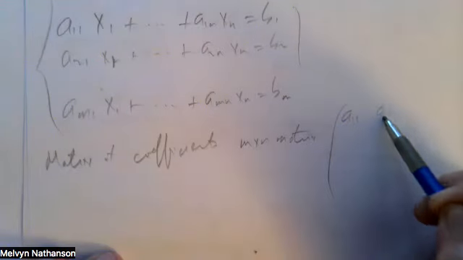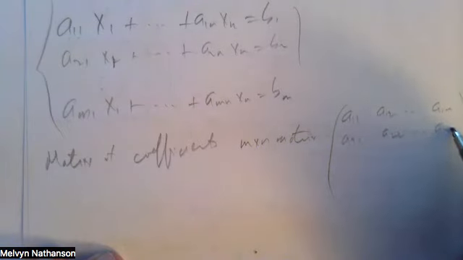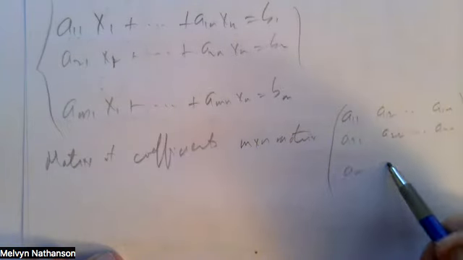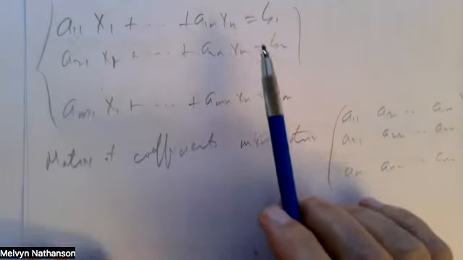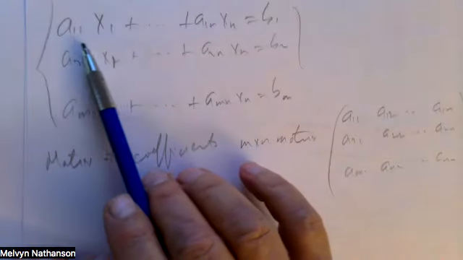So A11, A12 up to A1n, A21, A22 up to A2n, AM1, AM2 up to AMN. So it's like you erase everything except the A's, and you have this rectangular array of numbers, of scalars. That's the matrix of coefficients of the system of equations.